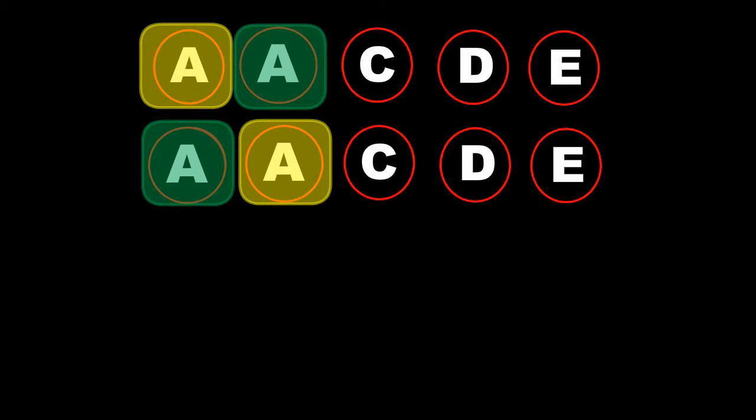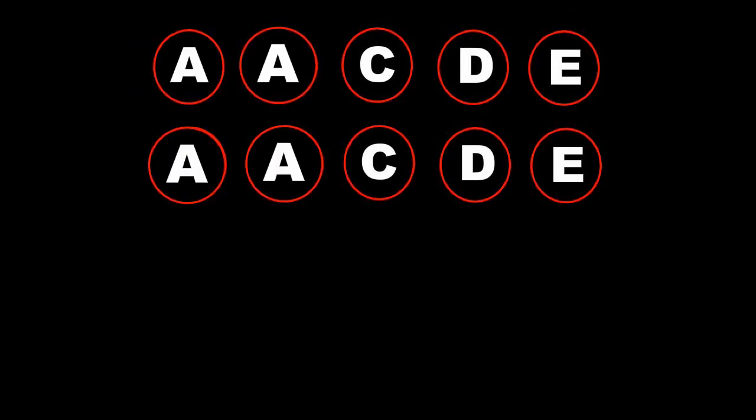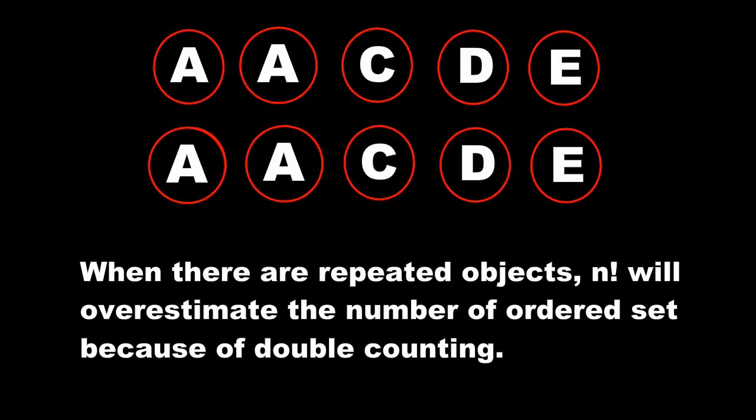In reality, they are not distinct. They represent the same permutation. Therefore, if we have repeated objects, n factorial will overestimate the number of permutations due to double counting.